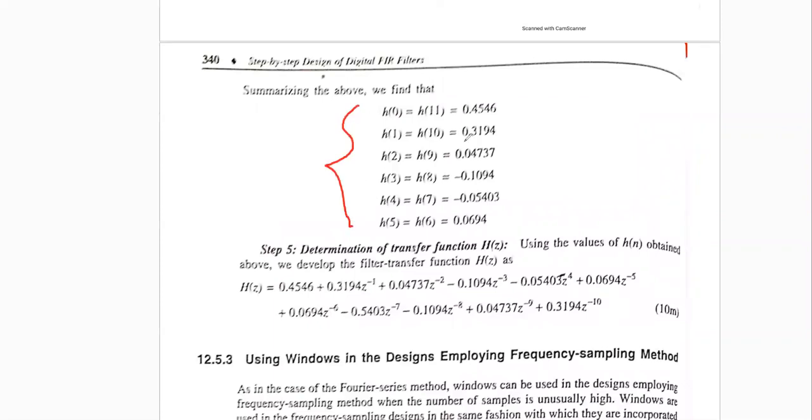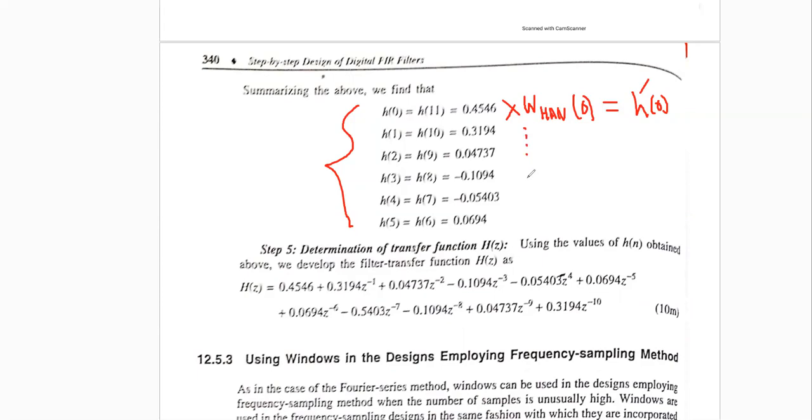Now we are implementing the window: we are multiplying by the window factor, let's say W hat 0. So you multiply, and now you get H0 prime. The concept is like this.